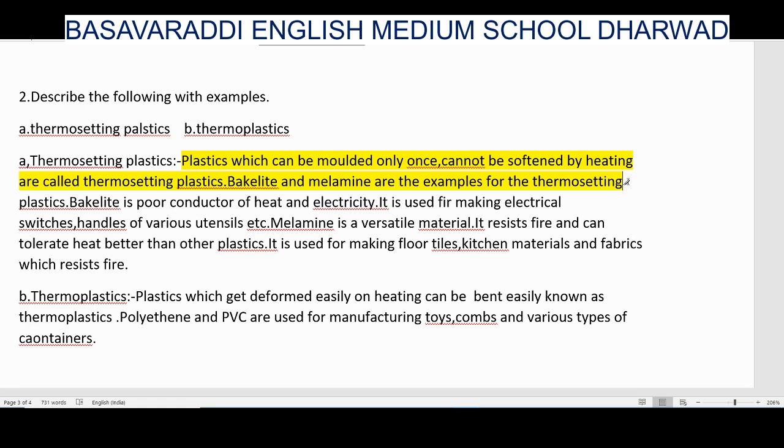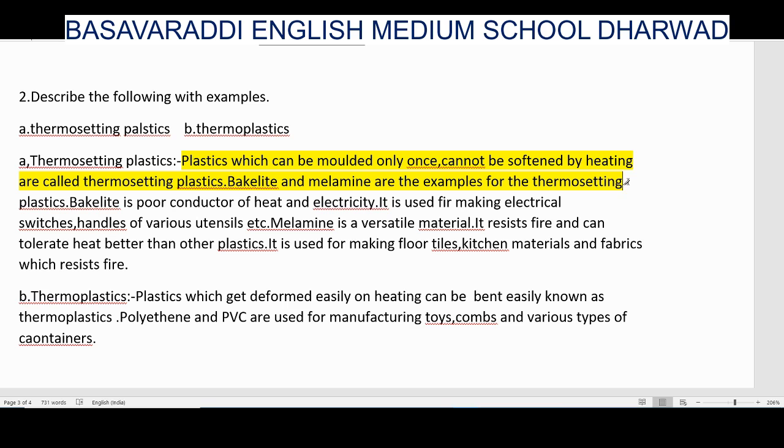Bakelite and melamine are the examples of these thermosetting plastics. So what is this bakelite? Bakelite is a poor conductor of heat and electricity. The best example is your pressure cooker. The handles of your pressure cooker are made up of bakelite.